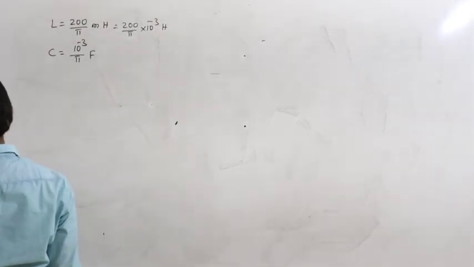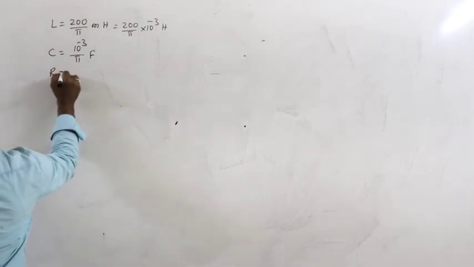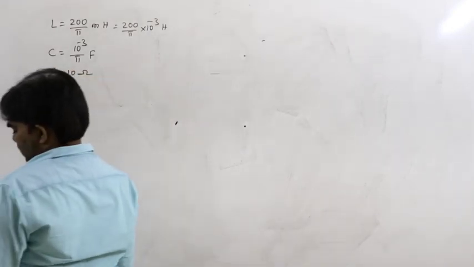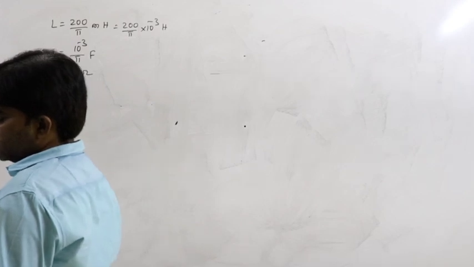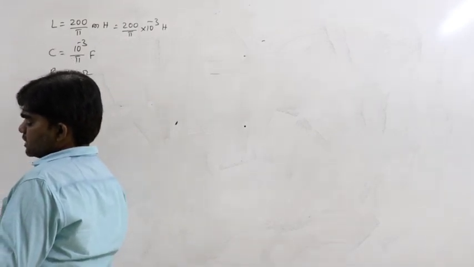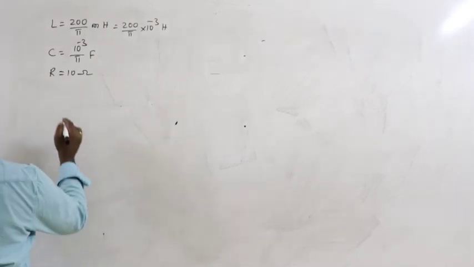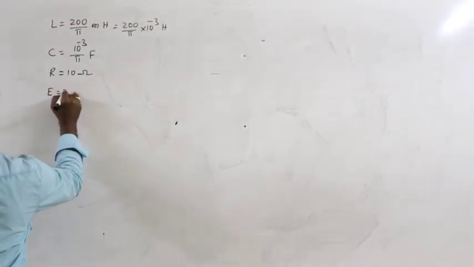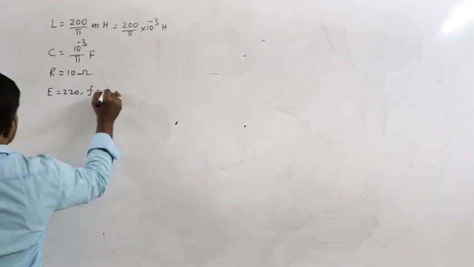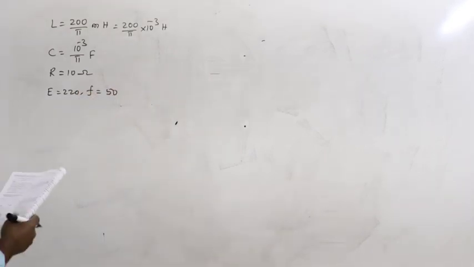And a capacitance of 10 to the power of minus 3 by pi Farads. And a resistance of 10 ohms, R equals 10 ohms, are connected in series with an AC source of 220 volts, 50 hertz. What is the phase angle of the current? So the potential is given as 220 and the frequency as 50 hertz.